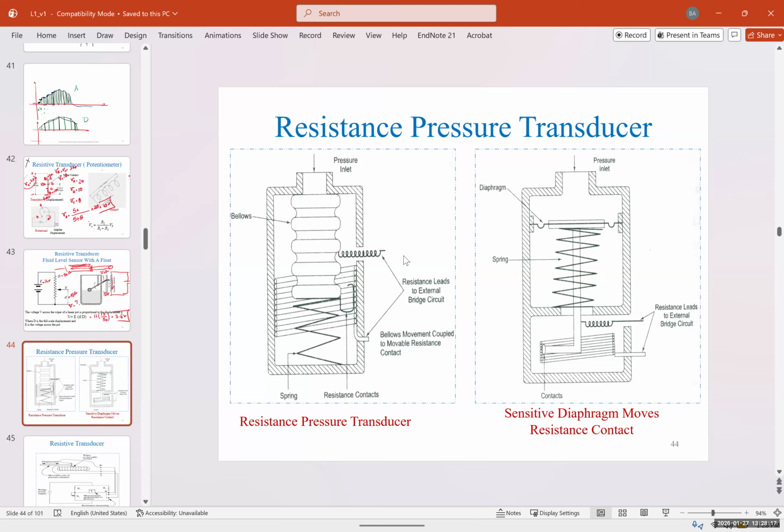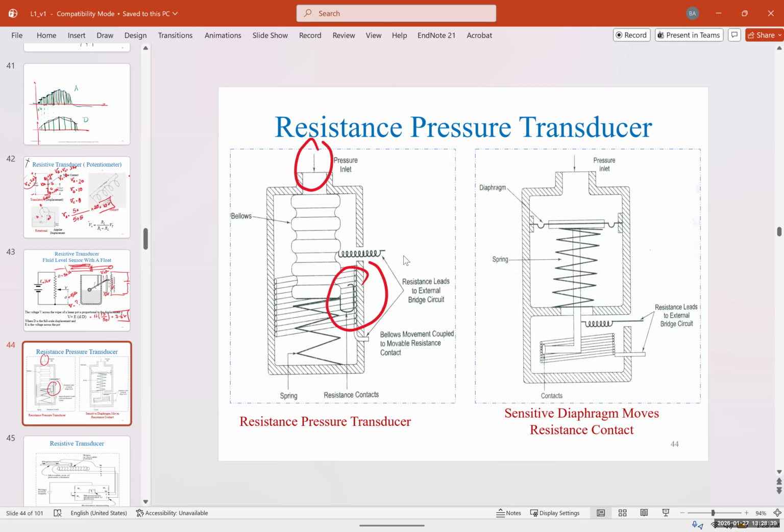You can see that we have a pressure inlet, we have a diaphragm or bellows, and when the pressure hits, it moves the spring, and this part is actually a linear resistance. By moving up and down, we have a change in the resistance, and we can measure how much pressure we have.